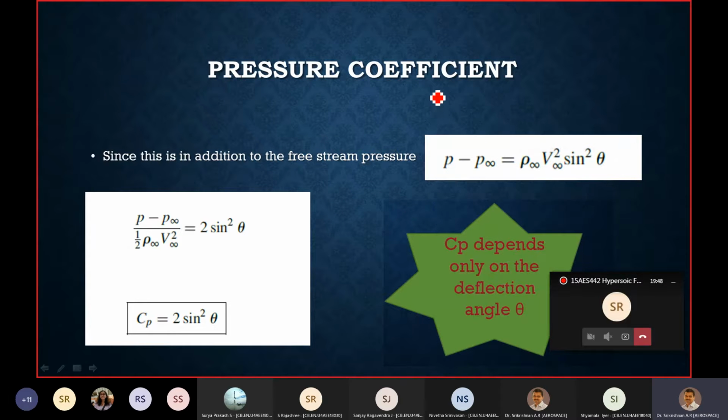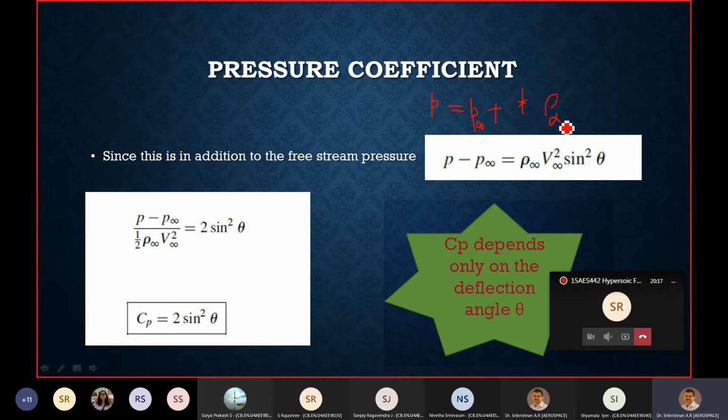Our focus is on the surface pressure distribution. So the surface pressure would be the free stream pressure, P infinity, which was always there, plus the pressure due to the force of impingement, as per Newton's theory.